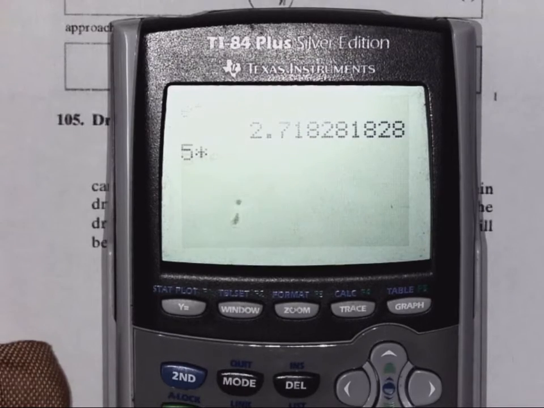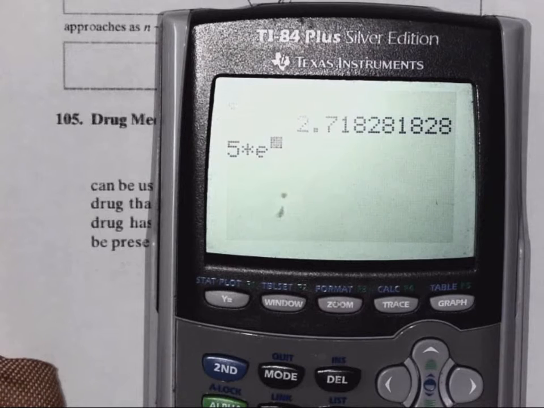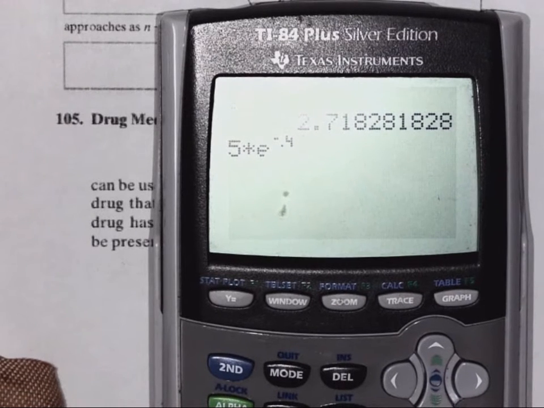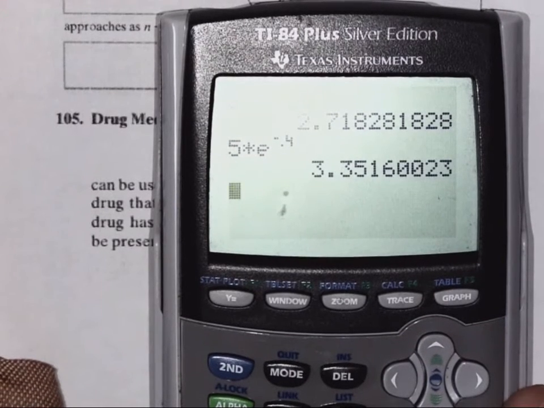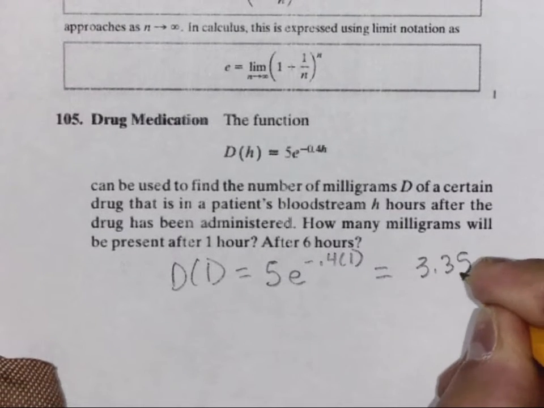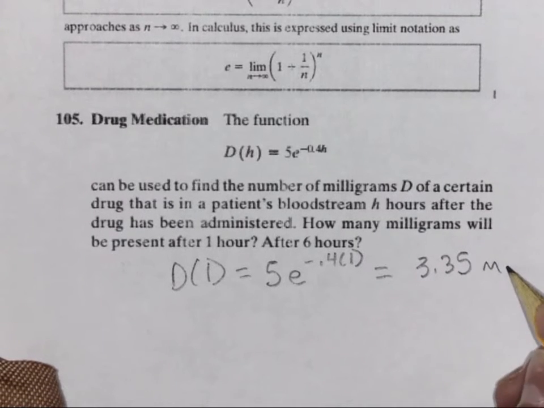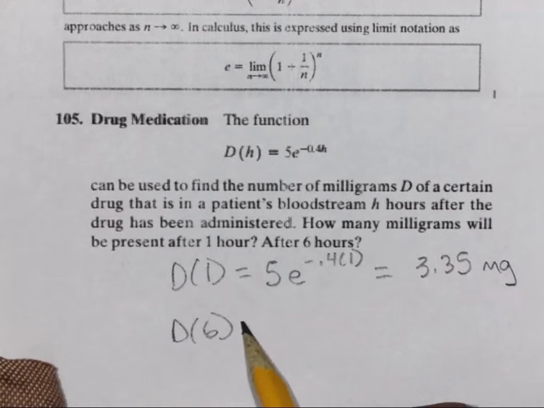So that would be E to the negative 0.4 times 1, which is negative 0.4. So remember how I got the E, so second ln, and then just type in the negative 0.4 for the exponent. So then there would be 3.35 milligrams left in the patient's bloodstream after 1 hour.